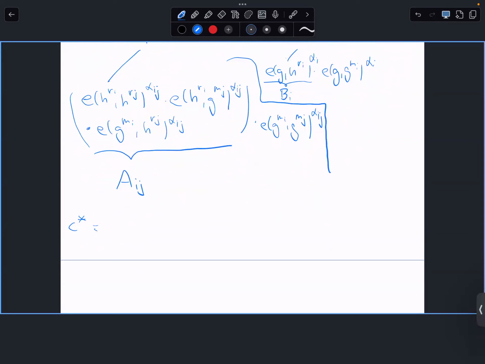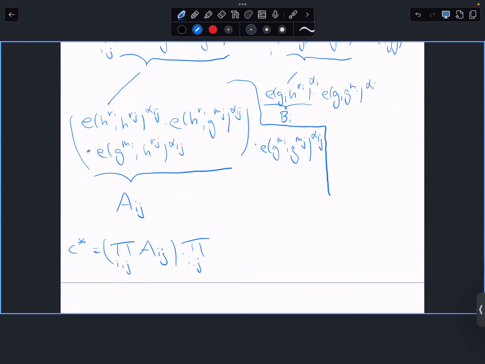What we get is that C star is the product over I, J of Aij, times the product over I, J. Now let's look at this part here and rewrite it as E(G, G) to the alpha ij mi mj.